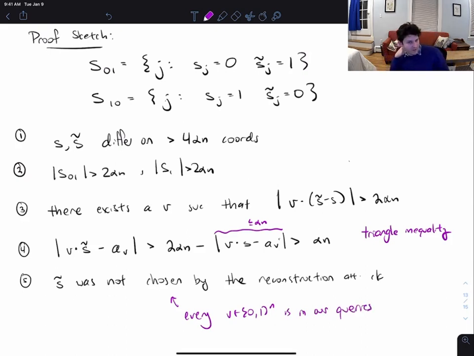So in particular this v is, and that means that there's some v such that v dot s tilde minus a sub v is strictly greater than alpha n, and that means that s tilde was not chosen by the reconstruction attack. And if it was not chosen by the reconstruction attack, that means that something went wrong here. It must be the case that s and s tilde do not differ on more than 4 alpha n coordinates. All right, so that's the proof.